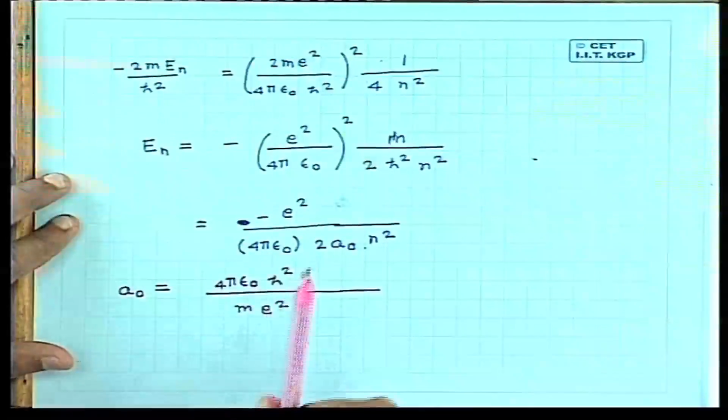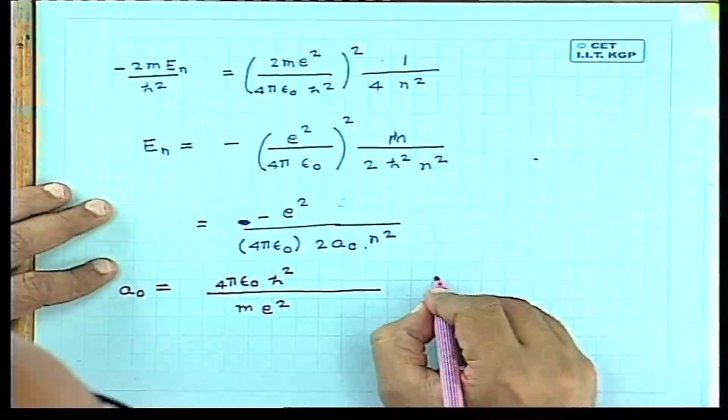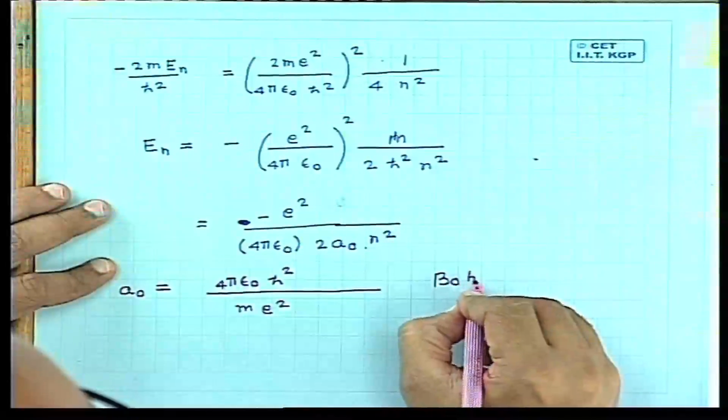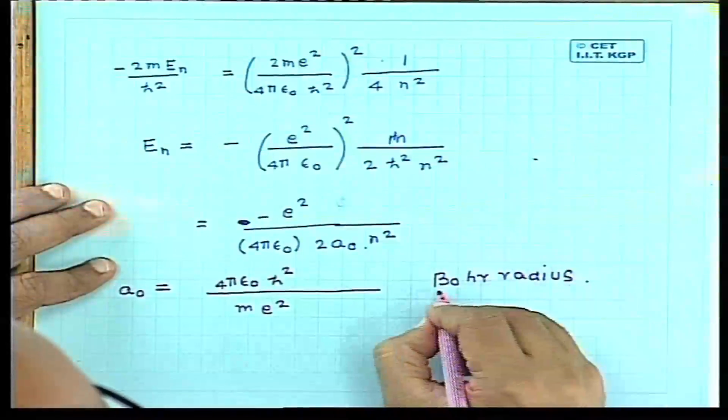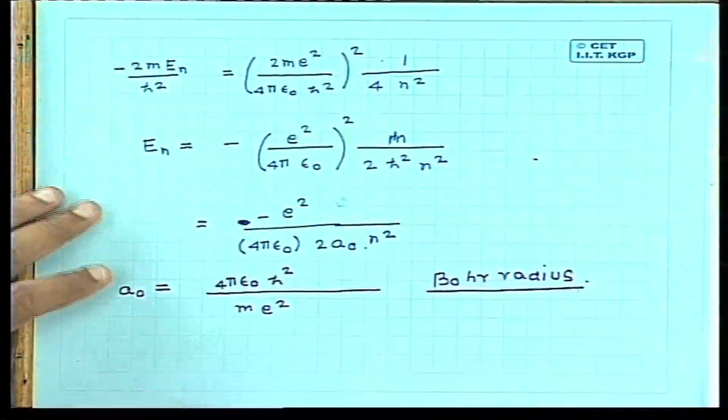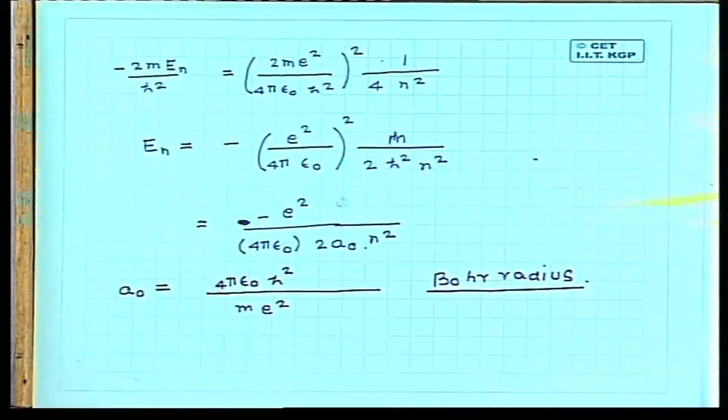That takes care of everything, I suppose. So this is the Bohr radius, and this is the length scale, which we shall see is associated with the electron orbit in the ground state of the hydrogen atom.